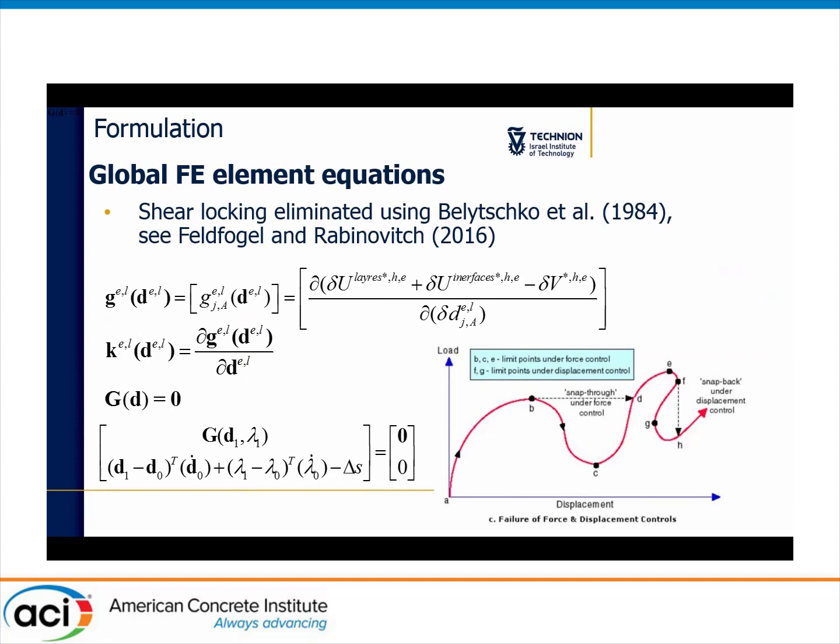The finite element equations are derived the standard way, and shear locking, which is a numerical element of these types of formulations, is resolved using a work by Belytschko et al., '84, and is outlined in full in this paper. In order to cope with the snapback behavior, which typifies the debonding mechanism, an arc length procedure was used.